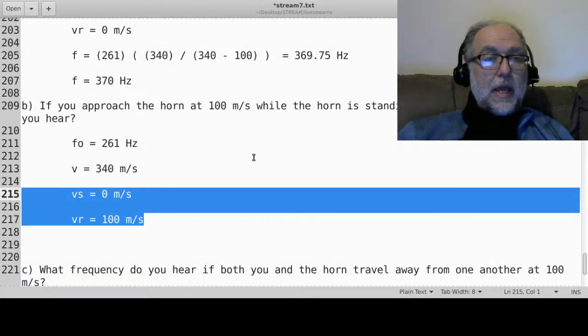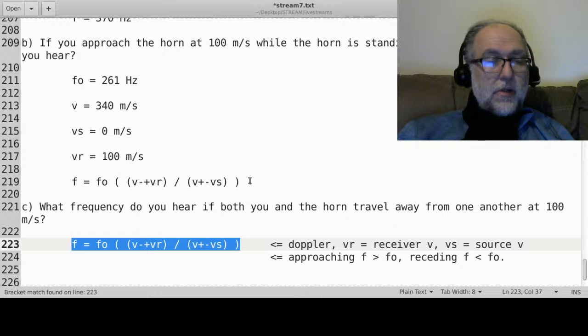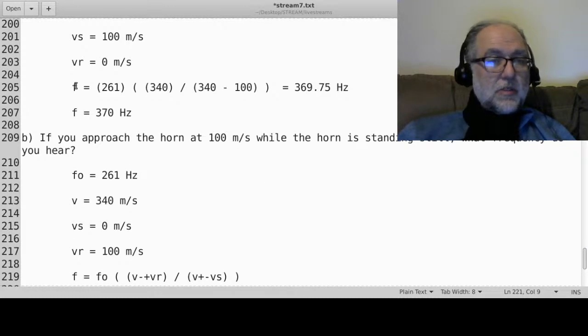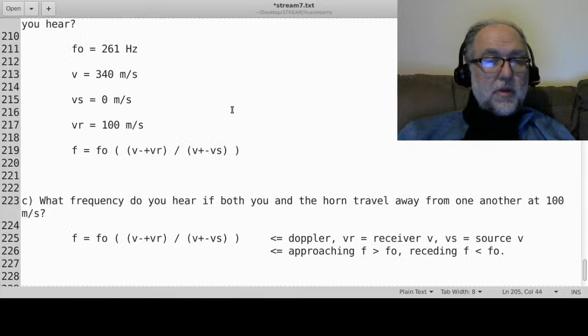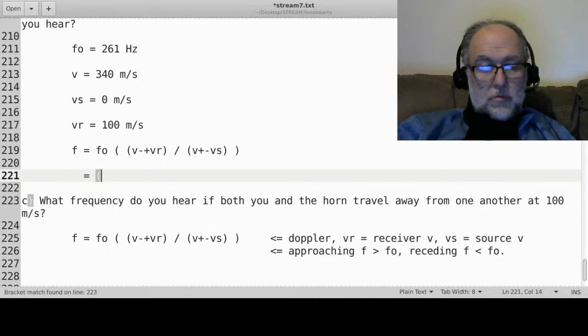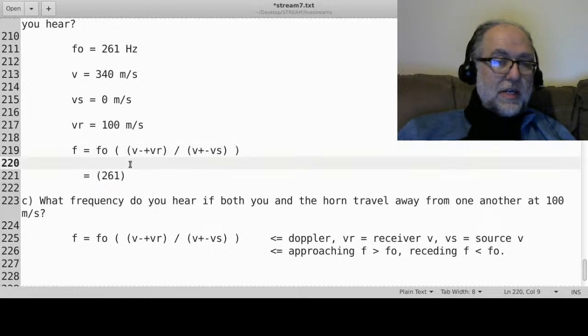Let's take this formula here and plug in. Let me go one step at a time so I don't confuse you. For f naught, that's 256.